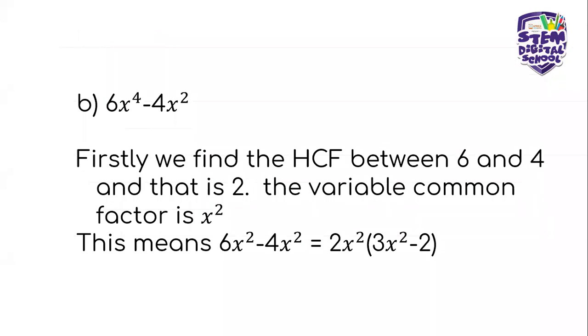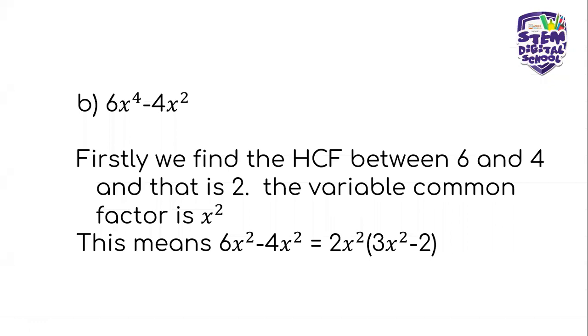We have demonstrated here that first and foremost, you need to find the highest common factor, and that is 2 for the numbers, and then for the variables, the highest common factor there is x squared. So therefore, 6x to the power 4 minus 4x squared will be equal to 2x squared, open bracket, 3x squared minus 2.